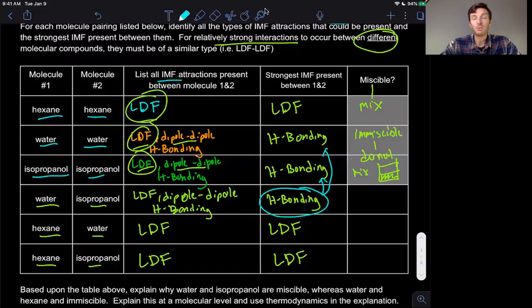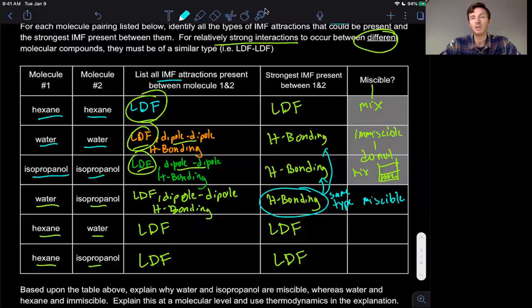However, when we mix them together, they still have the ability to undergo hydrogen bonding. So they still have the same, or at least similar, type of intermolecular force attractions. In this case, it's hydrogen bonding. Because of that, if we do mix these together, they would be miscible.